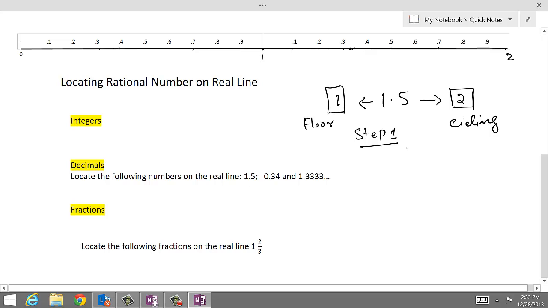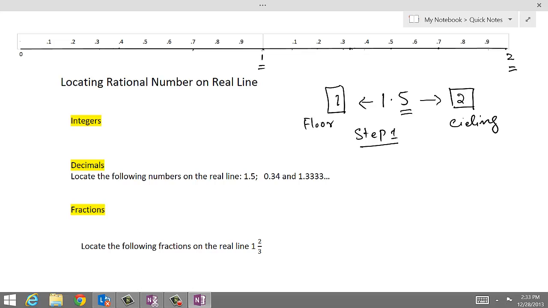So for 1.5, here we spotted the floor and here we spotted the ceiling. Now we take a look at the first decimal place, the digit immediately to the right of the decimal point. That is 0.5.